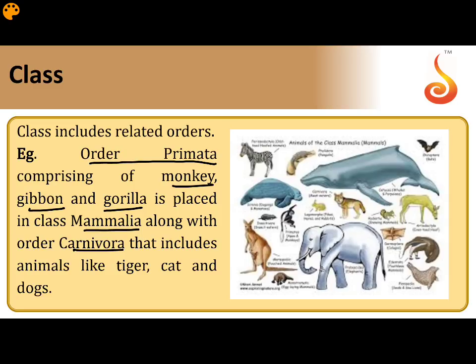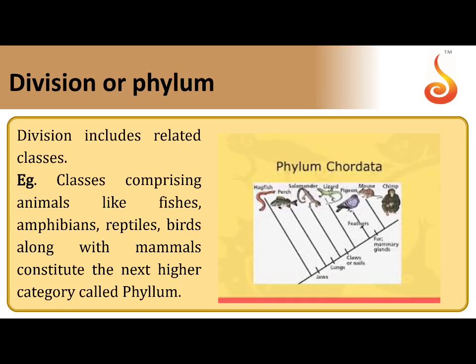Human is also coming, ape is also coming, tiger, elephant, everything is coming under the same class Mammalia. You can see here so many examples. A zebra is there. Then you can see here a whale is there, elephant is there, kangaroo is there. This looks like a deer, wolf, rabbit, bat, so many organisms. They all come under the same classification as class.